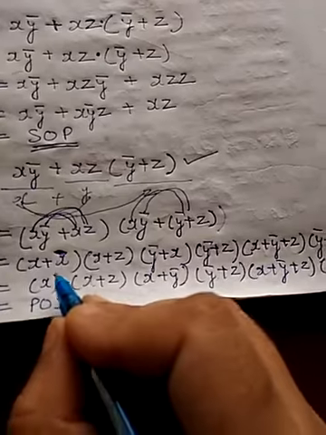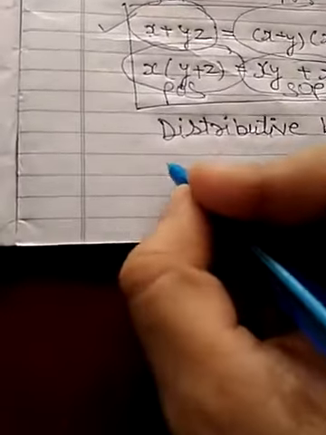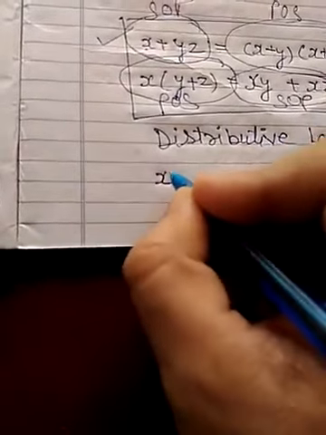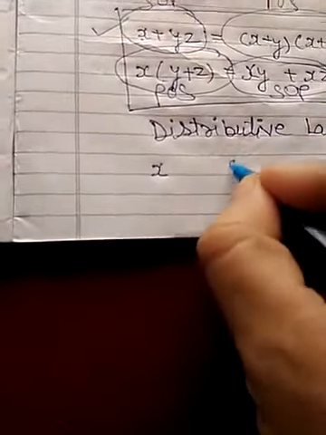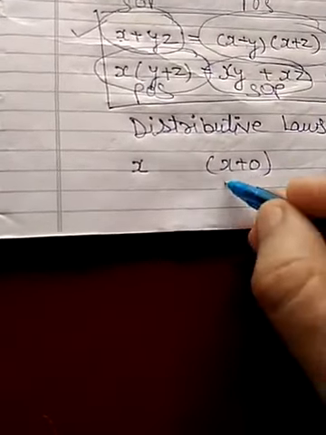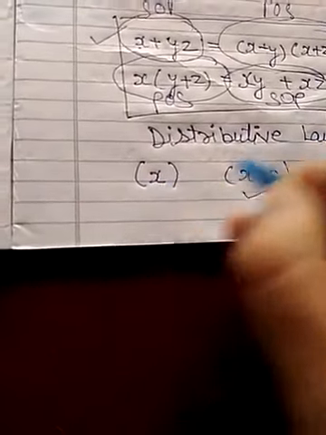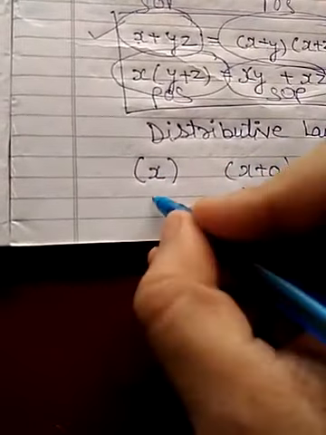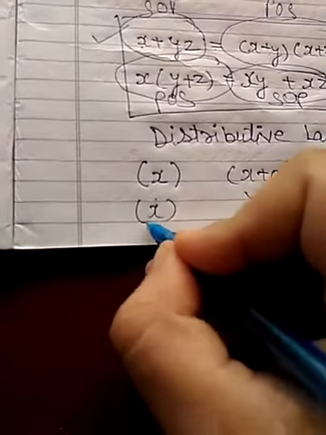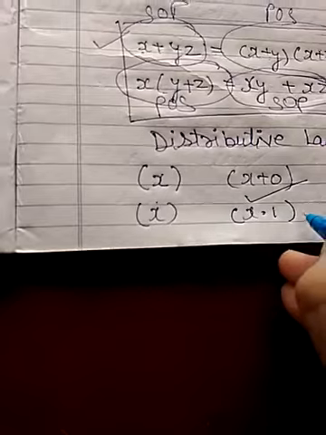Now you will ask how this x is in the form of sum. So if I ask you x, can we write it like x + 0? Yes. So we can say that this term x could be in the form of sum. In the same way, x could be in the form of product also, x into 1.